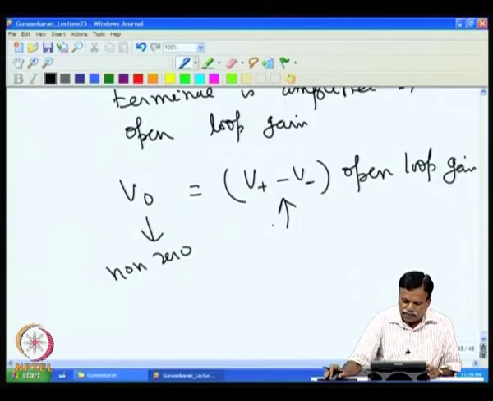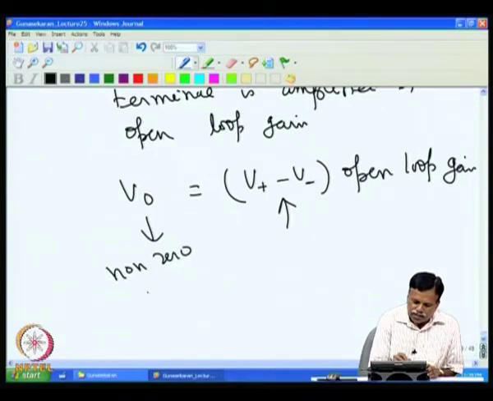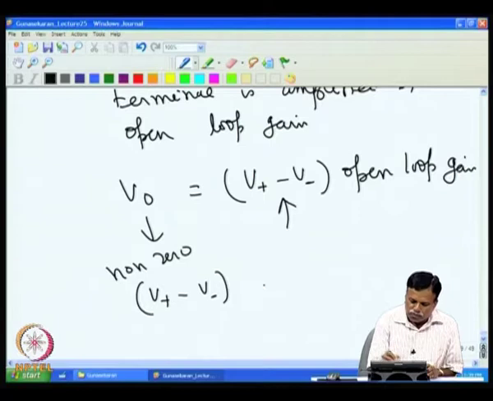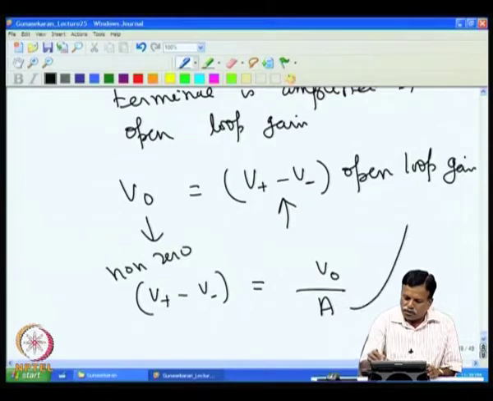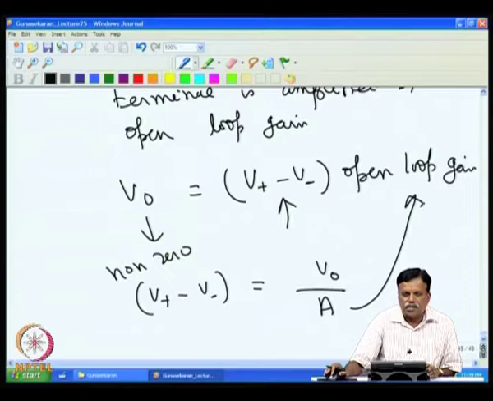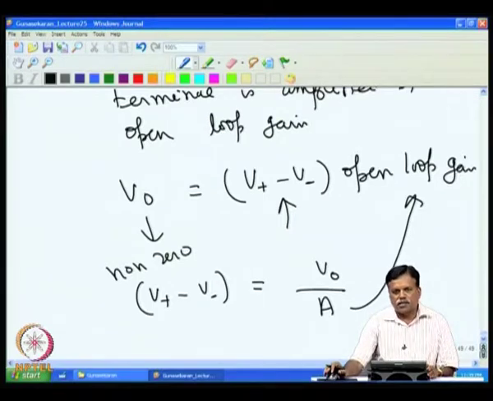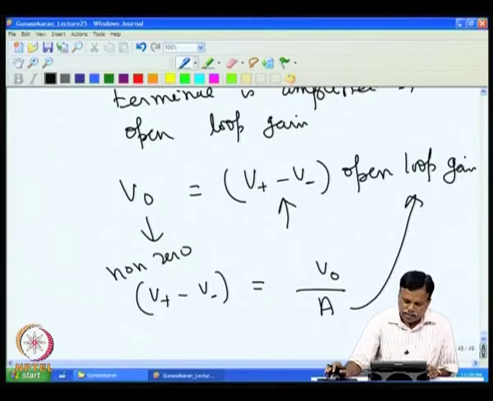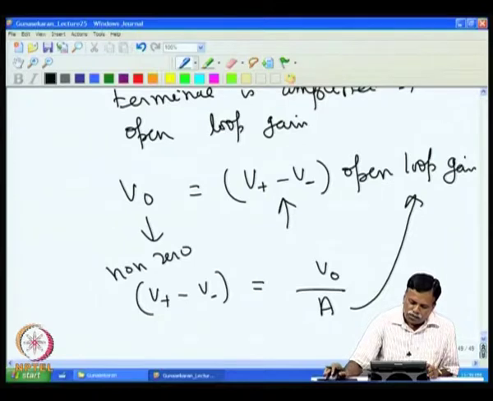So, the difference between the two input terminals, V plus minus V minus, is nothing but V0 by A, where we take A as the open loop gain. This is an important difference that one has to understand: the two input terminals are not exactly equal, there is a difference, and A is the open loop gain.